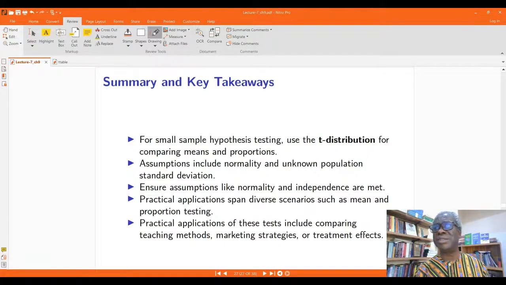So this technique can be applied in education, in agriculture, in medicine, in social sciences, economics, in engineering, virtually all fields.